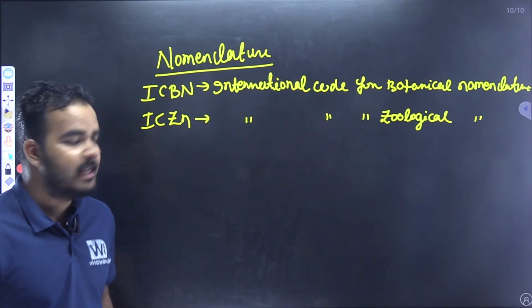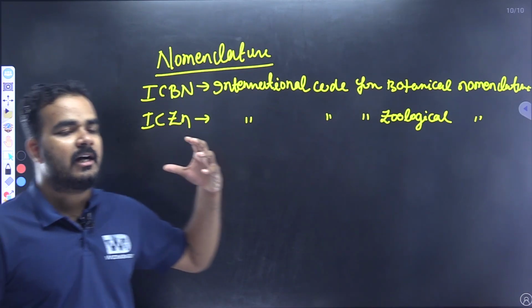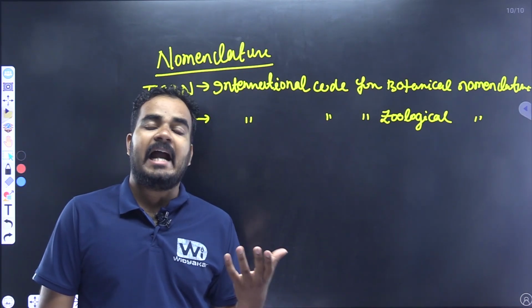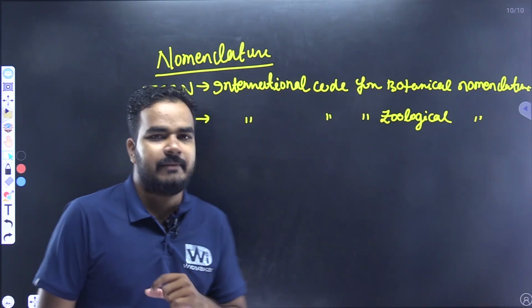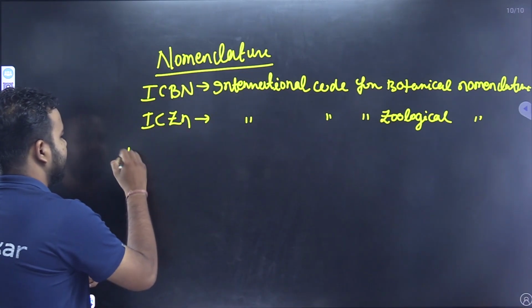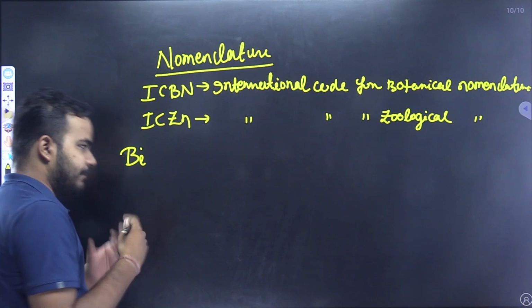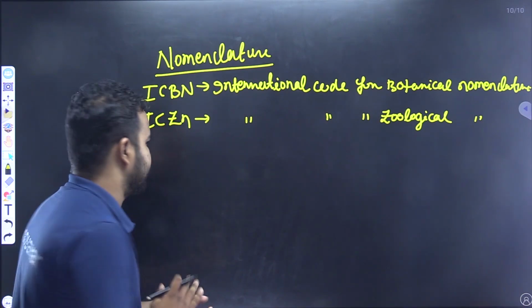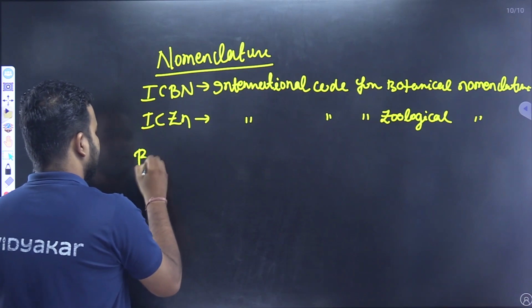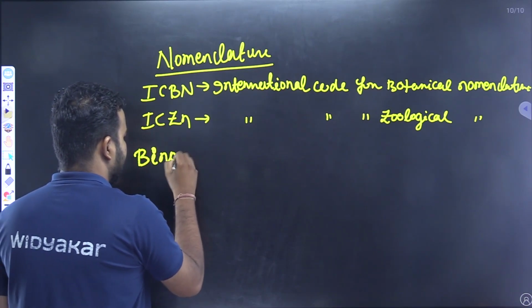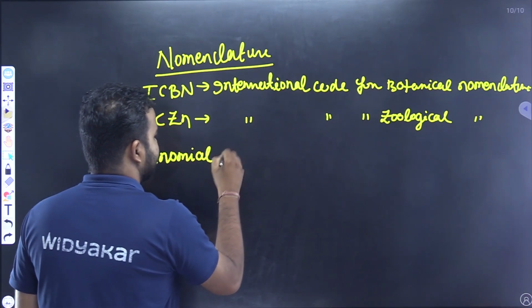Clear? Then what is the system they adopt for naming an organism? The system is called binomial nomenclature. It is the most adopted system.